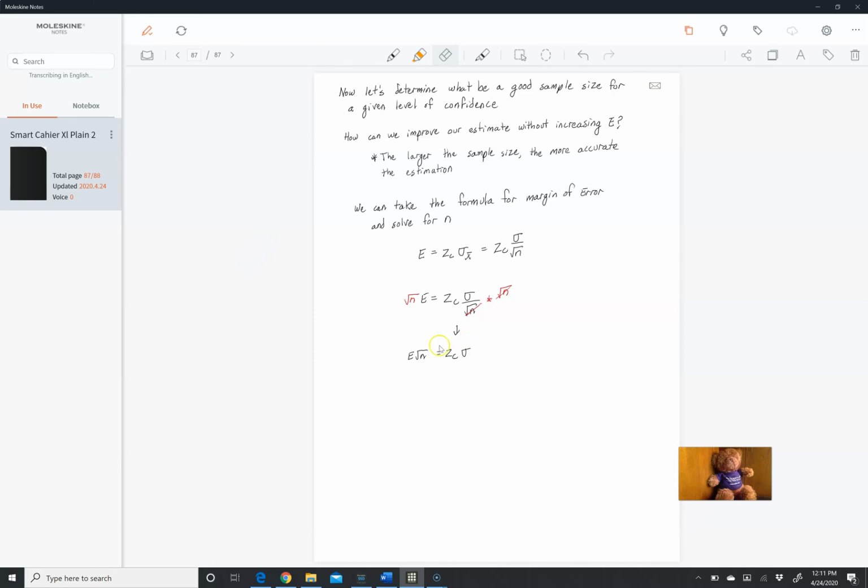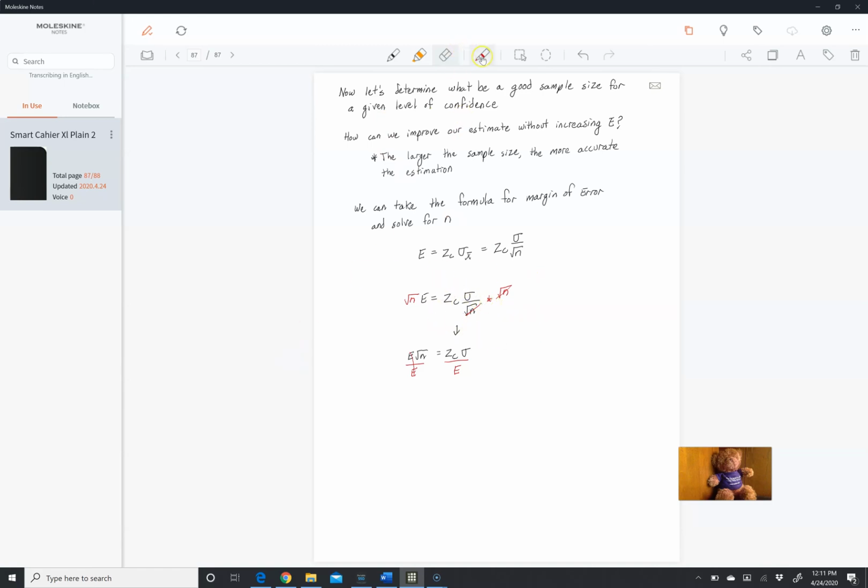But now we want n alone, so we're going to divide both sides by e. This is all to help us get n by itself. The e's will cancel. Notice we multiplied both sides by square root of n just so that we got it out of the denominator.